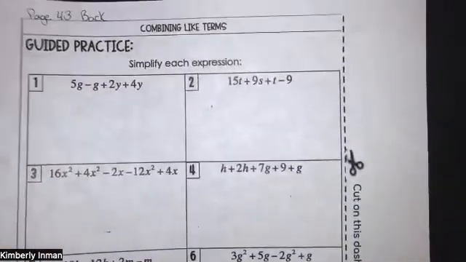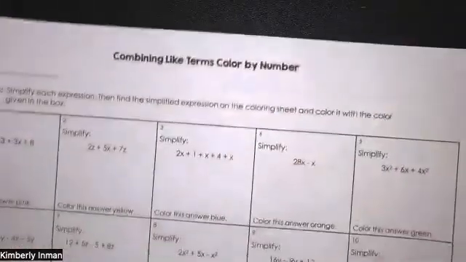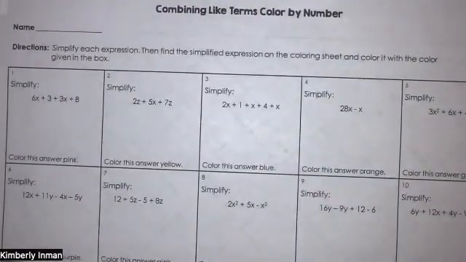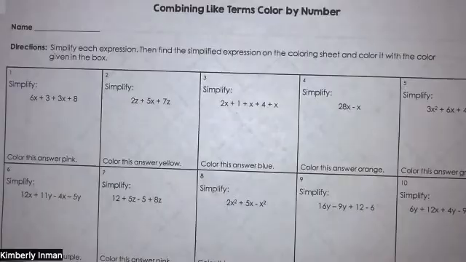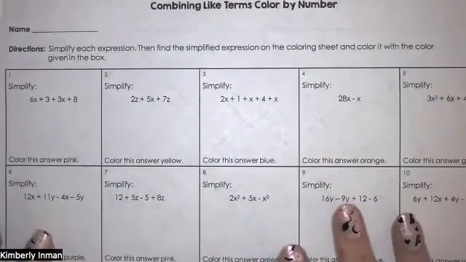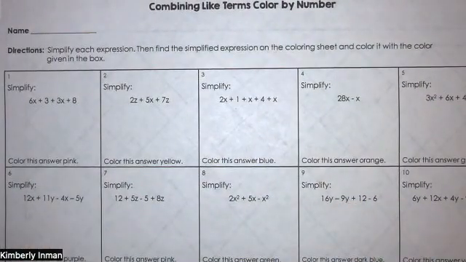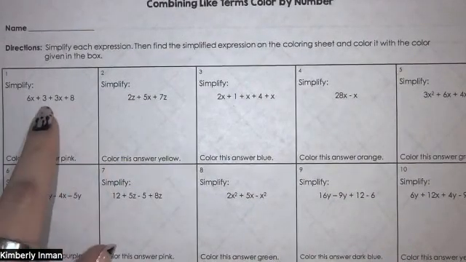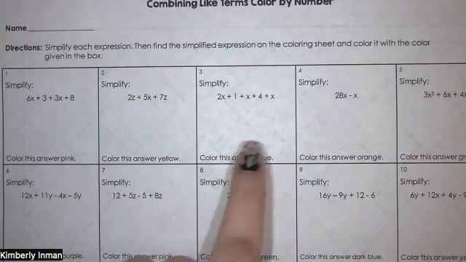After you did it, if you finish before class is over, go ahead and you can get this handout here. If you are in class tomorrow, or for the rest of class today, you will be filling out this sheet, simplifying all of these problems.